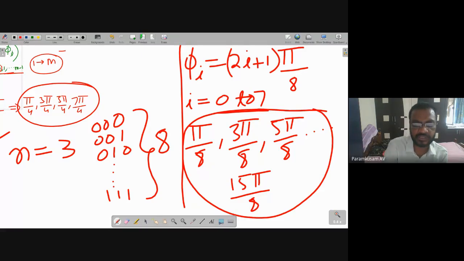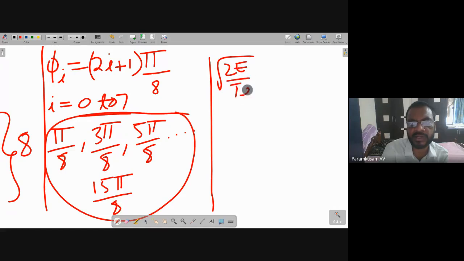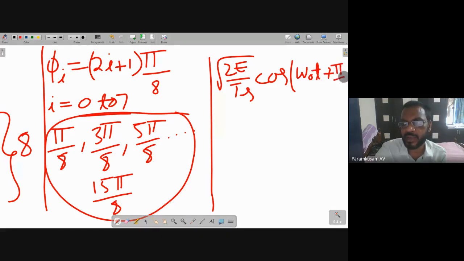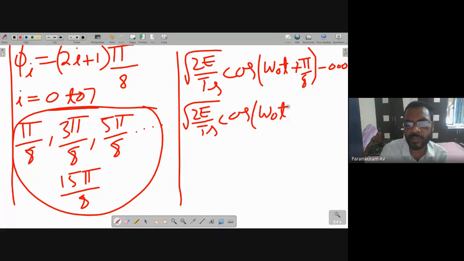Then what does the signal become? 8-PSK signal is root of 2E/Ts cos(ω0t plus π/8). This is the signal corresponding to 000. Let us see another signal, root of 2E/Ts cos(ω0t plus 3π/8).